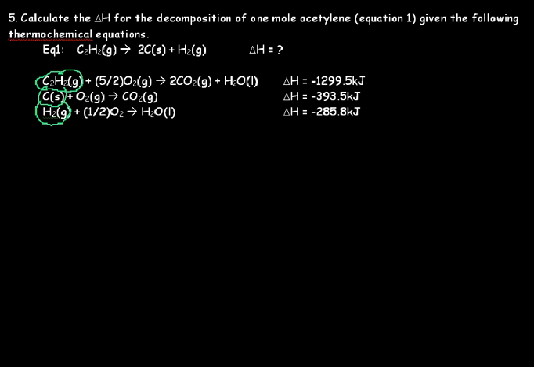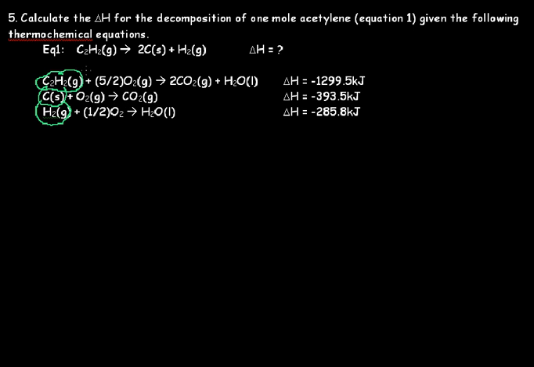If we look at this first equation, the C2H2 plus 5 halves oxygen gives us 2 carbon dioxides plus water. It's all set up, right? We've got the C2H2 as a reactant, as we do in our equation that we're interested in.